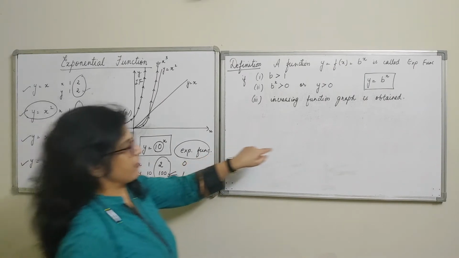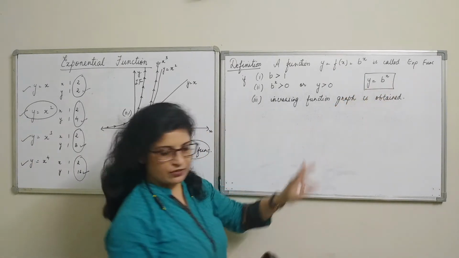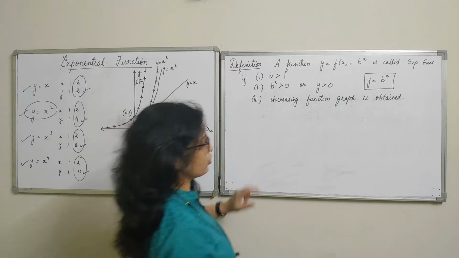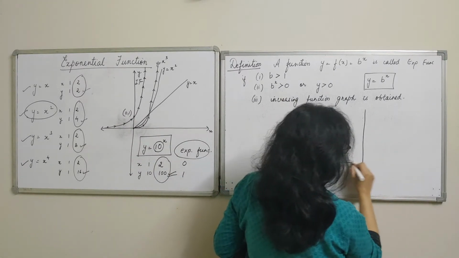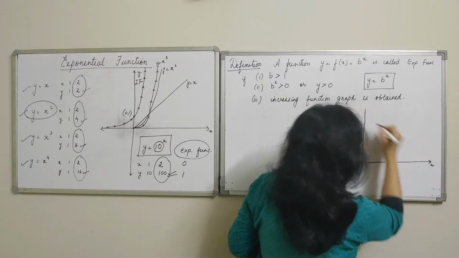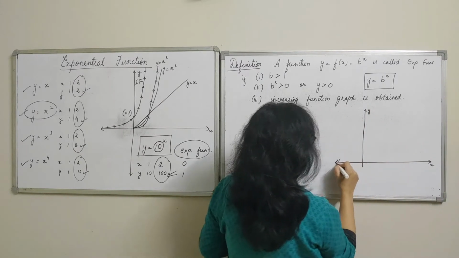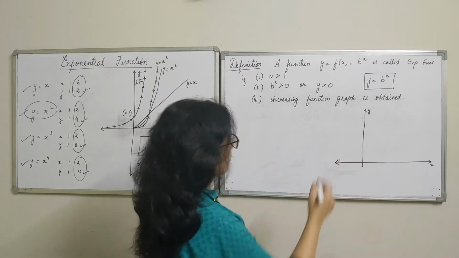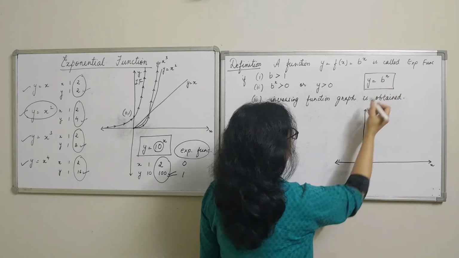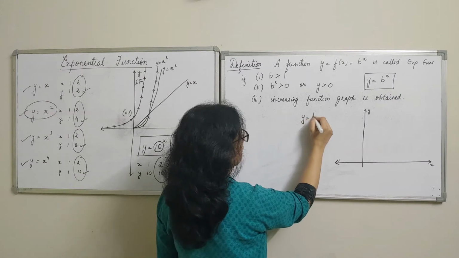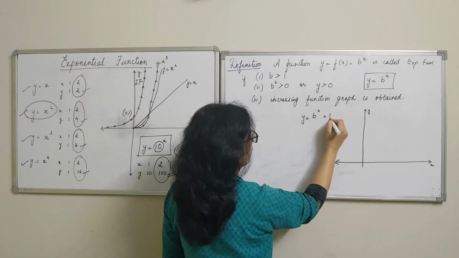So now since we have defined here y is equal to b^x, let's draw the graph for this function only and then see what important things can be derived from the graph. So here when x is 0, y will be equal to 1.